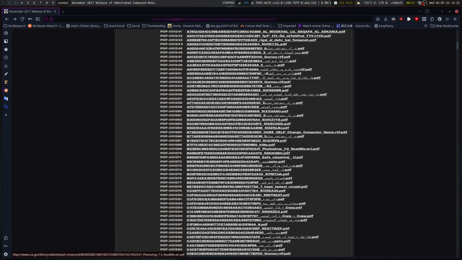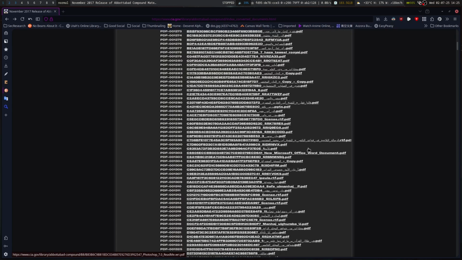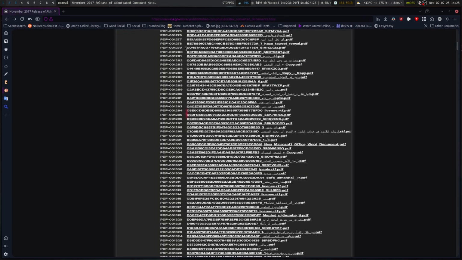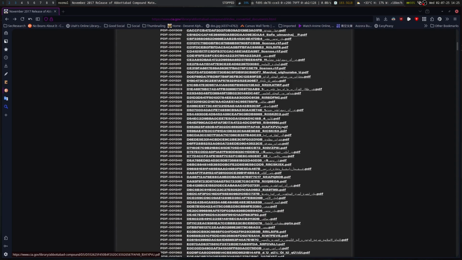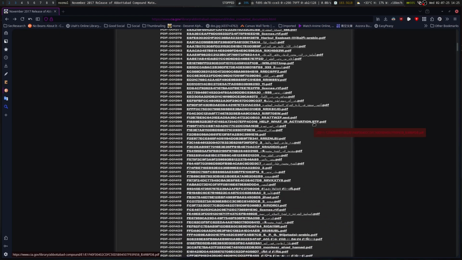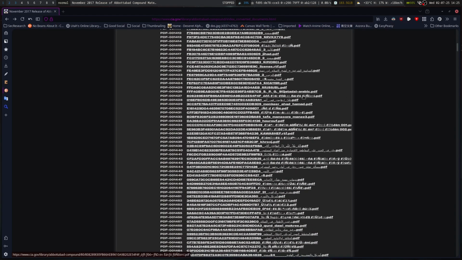Help change your computer name. Photoshop 7.0. README. So you're telling me that the Al Qaeda boys had Photoshop that they were using rather than GIMP? Oh my goodness. What is activation?